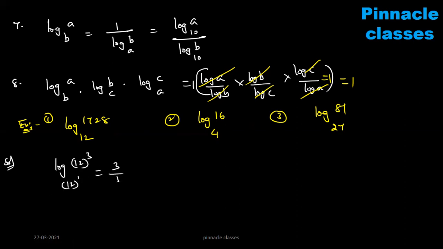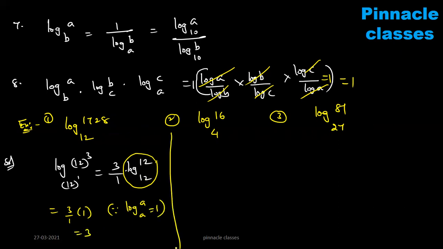So this one we can write as 3 by 1 into log 12 to the base 12. Log 12 to the base 12 means number and base are both the same. This value is how much? 1. Why? That is the formula. So this answer is 3.